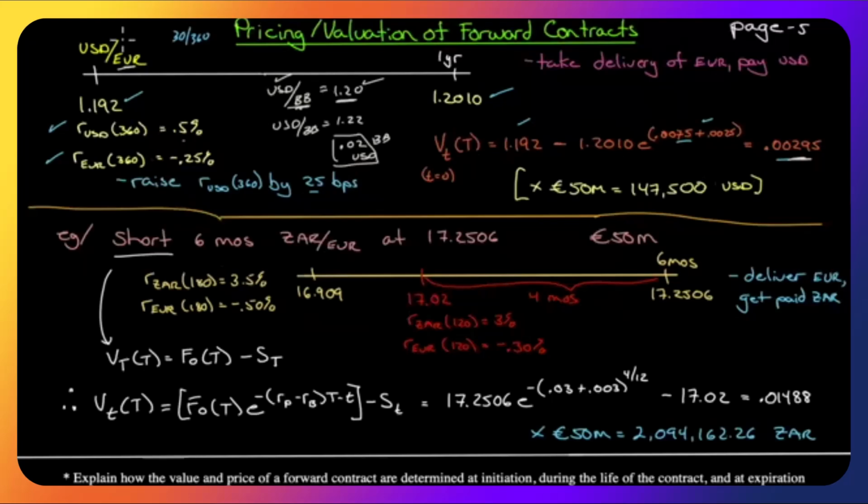In every forward contract with currencies, you need some amount of the base which the contract is for. Let's assume it's for 50 million euros. And we have this gain over here. The value of the contract is positive, 0.00295. What does that mean? If you multiply that by the 50 million euros, you get 147,500 US dollars.